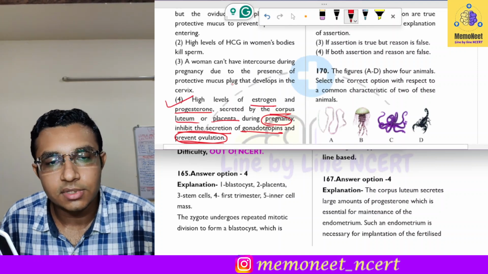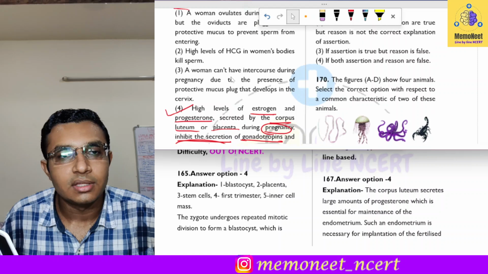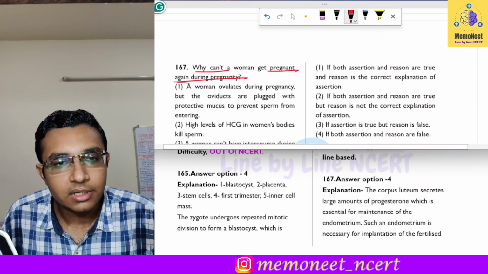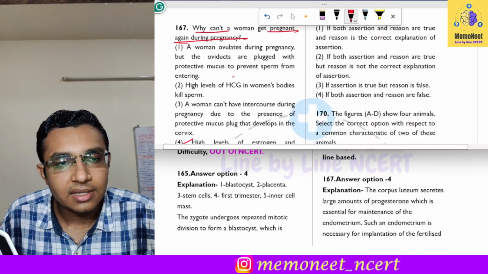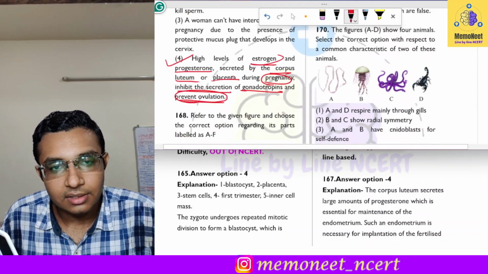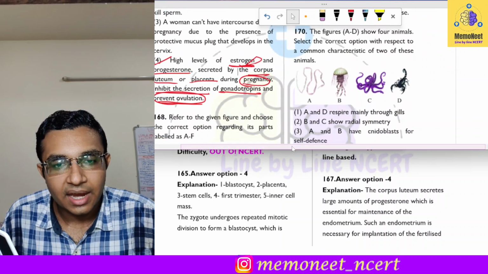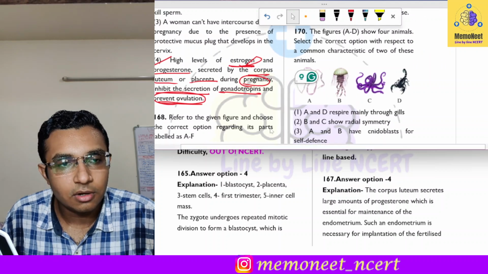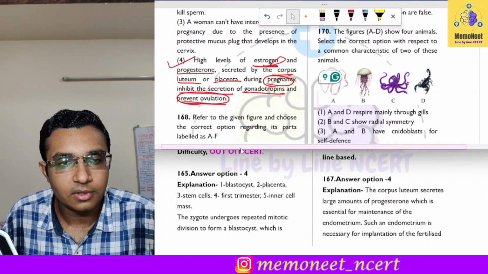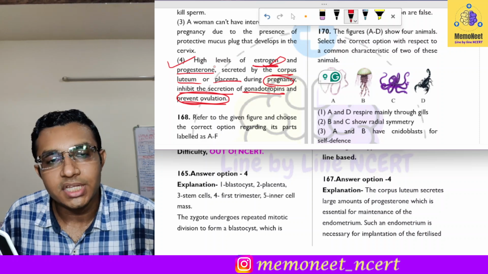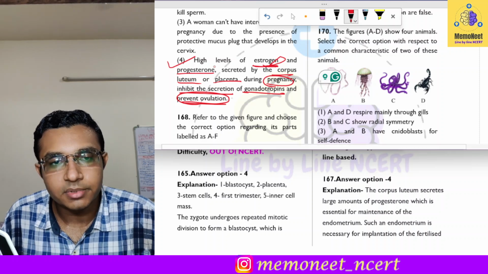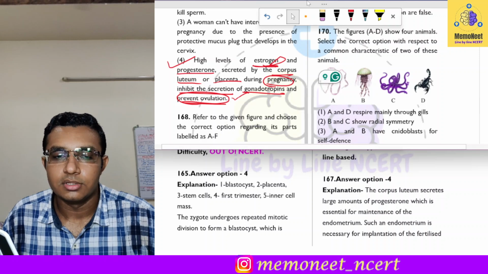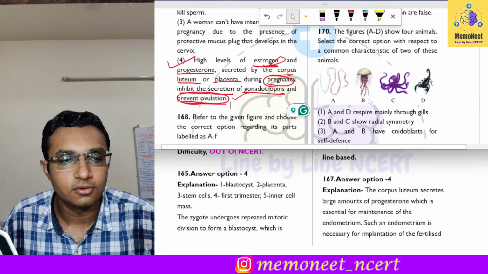The correct answer of this question is option 4: a woman cannot get pregnant again during pregnancy because of the high levels of estrogen and progesterone secreted by the corpus luteum or placenta during pregnancy, which inhibit the secretion of gonadotropins and prevent ovulation. So the correct answer is option 4.